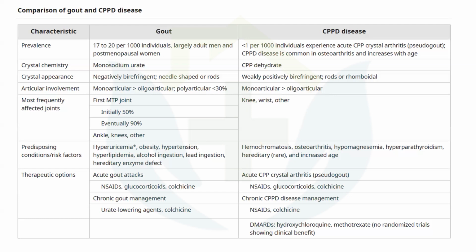Treatment is essentially almost similar in acute cases. In chronic cases of gout, we usually give a urate-lowering agent and also colchicine. In CPPD disease, we give painkillers and colchicine as well, and sometimes disease-modifying agents like hydroxychloroquine are also given.